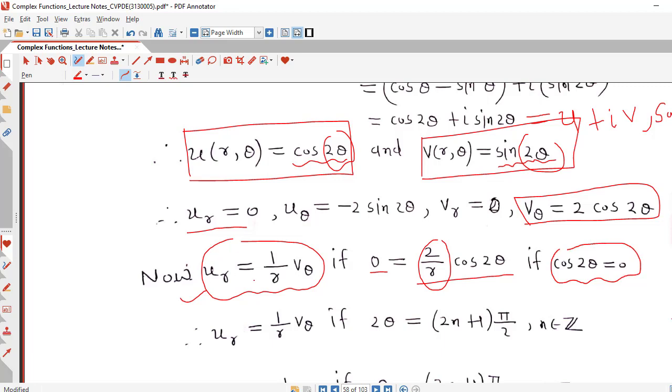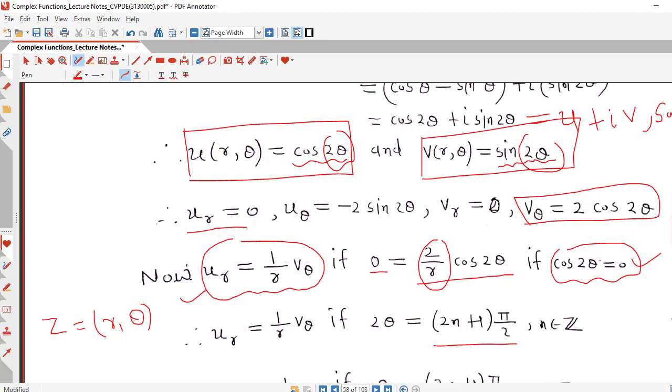That means this equation is satisfied at all those points z equal to r theta, for which this argument theta satisfies this equation, cos 2 theta equal to 0, and cos 2 theta equal to 0 is true if 2 theta is an odd multiple of pi by 2.